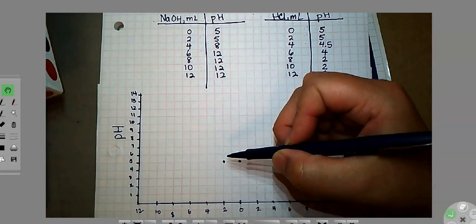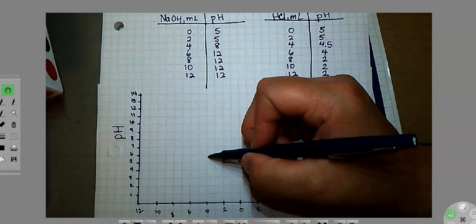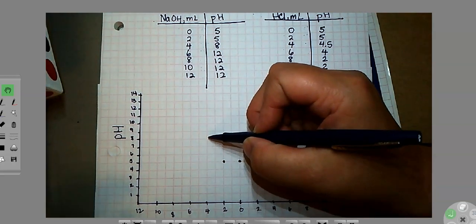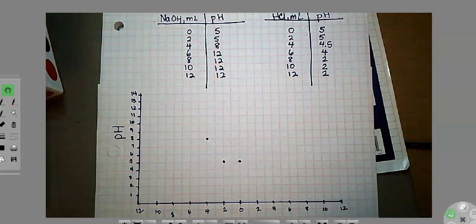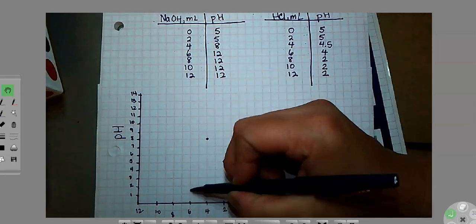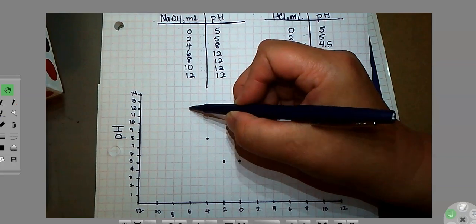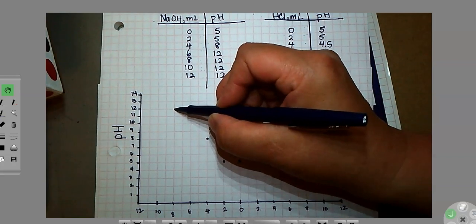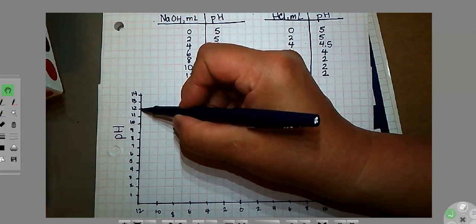And then 4 is 8, all the way up to 8. And then 6 mils, we have a pH of 12. And then 8 mils, we have 12, 10 mils, 12, and then 12 again.